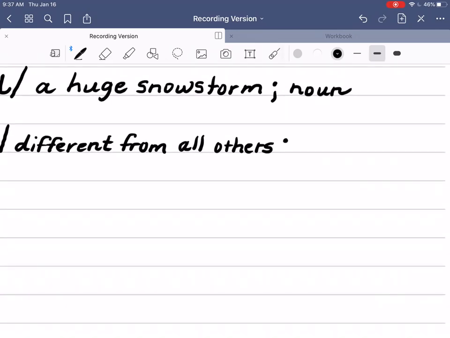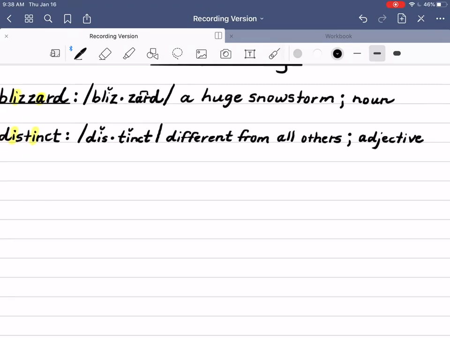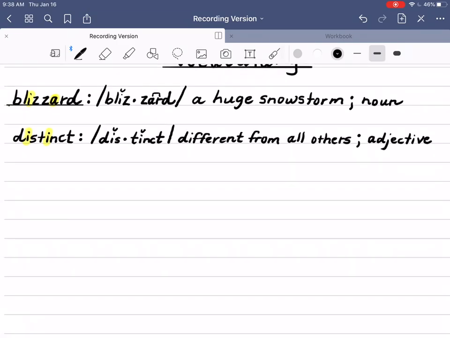Distinct is not a thing. It's a describing word. It tells me how things are different. This is an adjective. Distinct, different from all others. The vocabulary word is distinct.